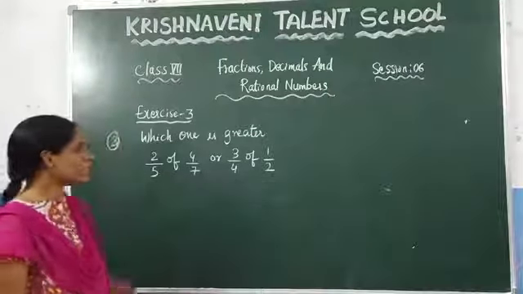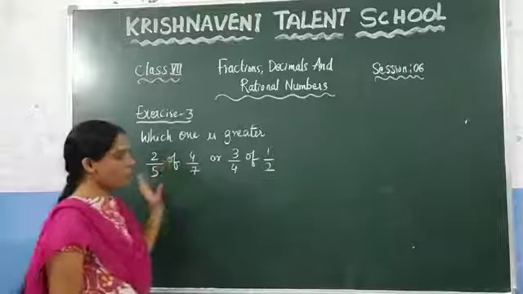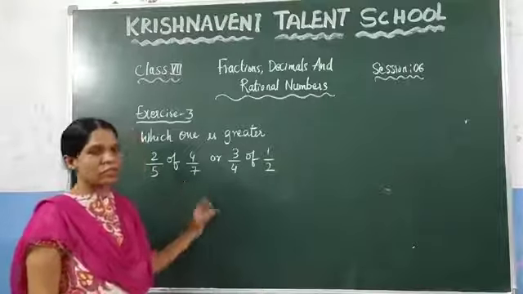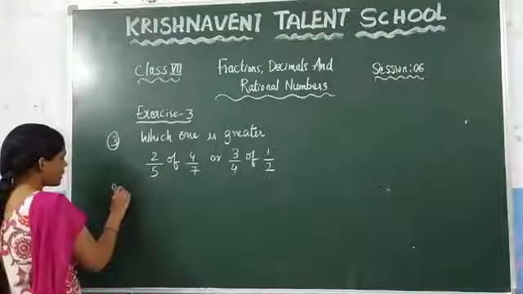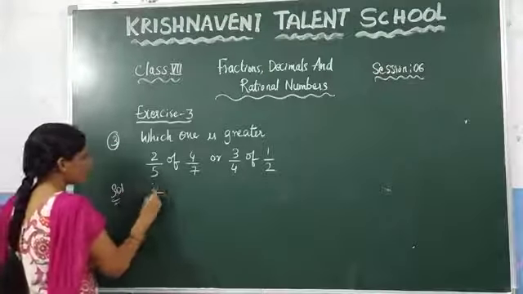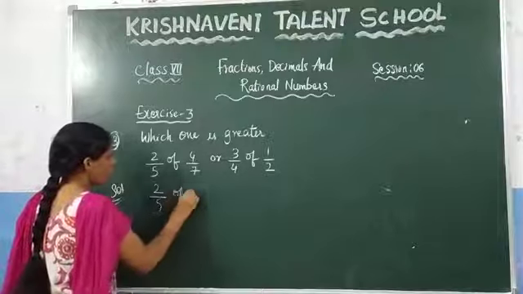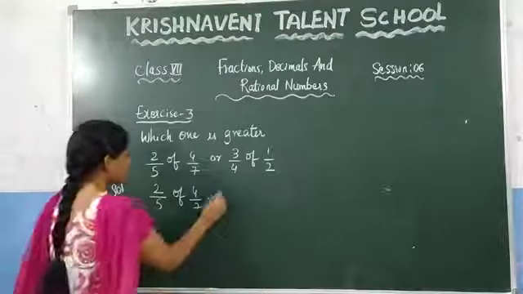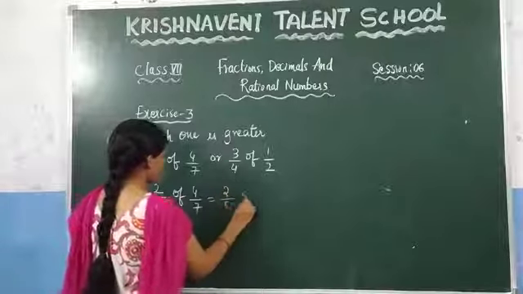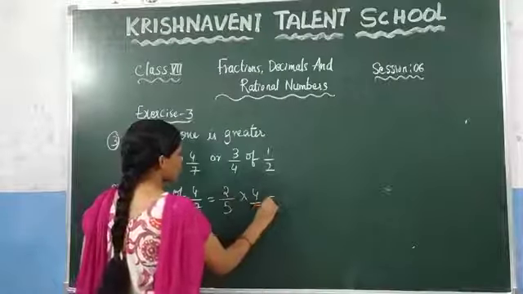For that reason we need to find the product of these two factors first, because you know that "of" is nothing but multiplication. So how do you solve this one? Consider the first fraction, which is 2/5 of 4/7. What is meant by 2/5 of 4/7? It is nothing but 2/5 into 4/7.